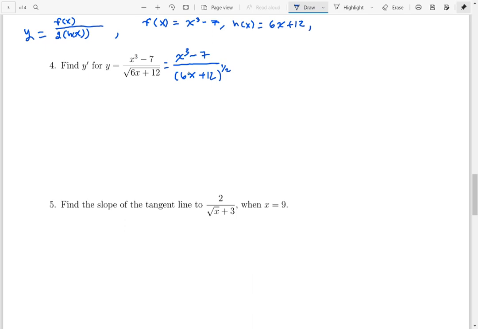Then we have the outer function of the denominator, which is going to be g of x. G of x is equal to x raised to the 1/2 power. Now, if you were to take a formula approach, you could do that as y prime is equal to g of h of x times f prime of x minus f of x.